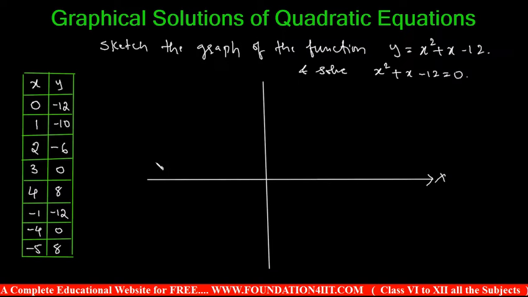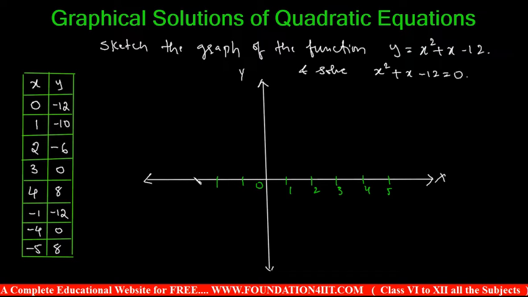So it's x, and vertically is the y-axis. Based on the units we need to take here, the range is minus 5 to 4 along the x-axis. So take 1 unit: 1, 2, 3, 4, 5.